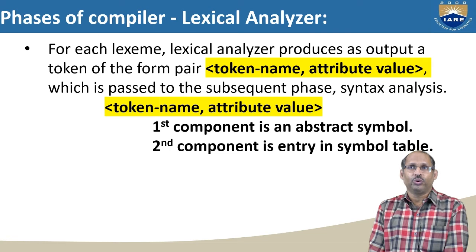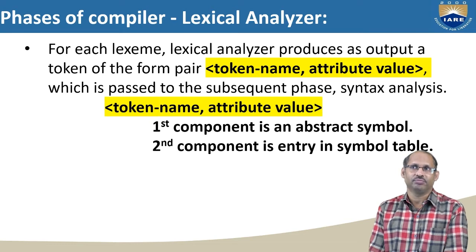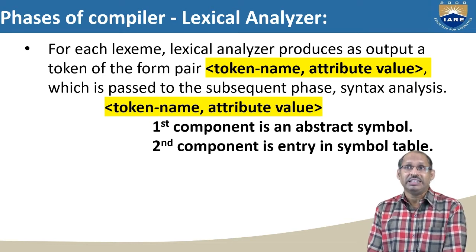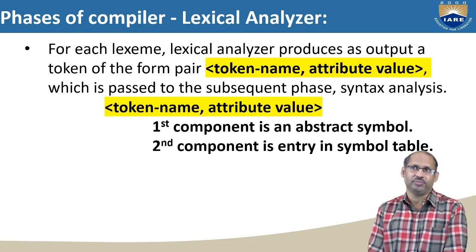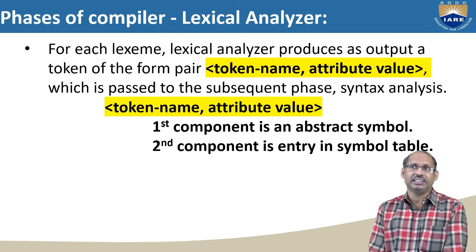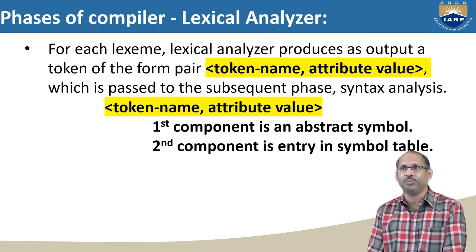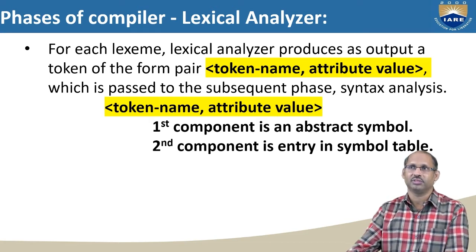So a token is a pair of token name and attribute value. The token name means the lexeme. Attribute value means the entry in the symbol table, right? So the output of the lexical analyzer will have a pair of token name and attribute value, right?